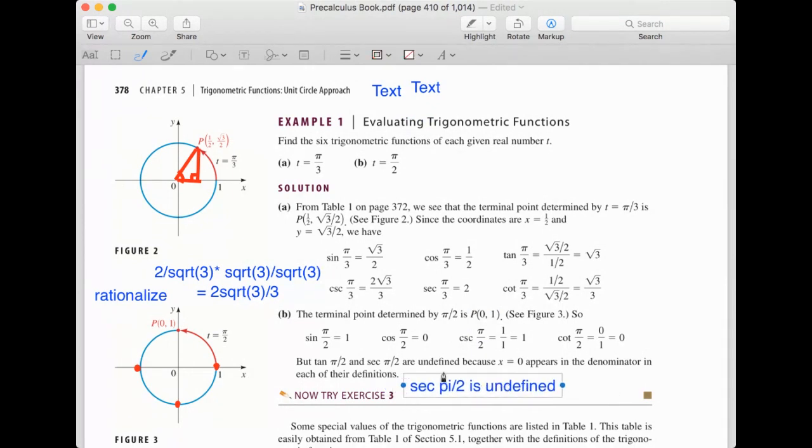Then what's tangent? Tangent is opposite over 0, so tangent is also undefined. Tangent of pi over 2. Oh, let me write it together.